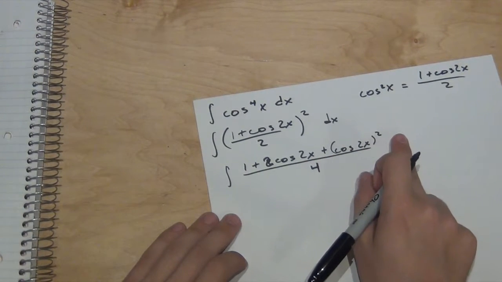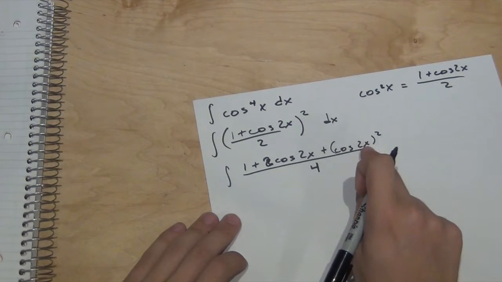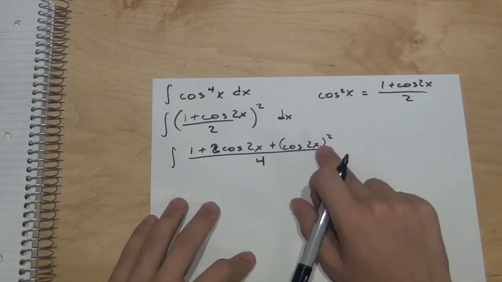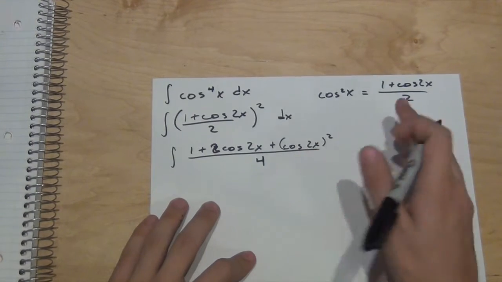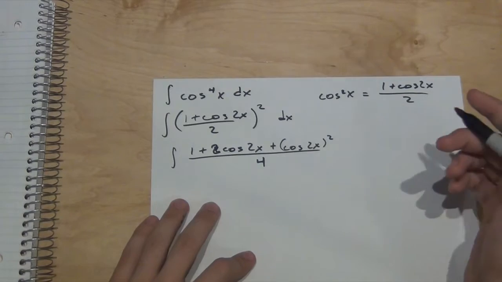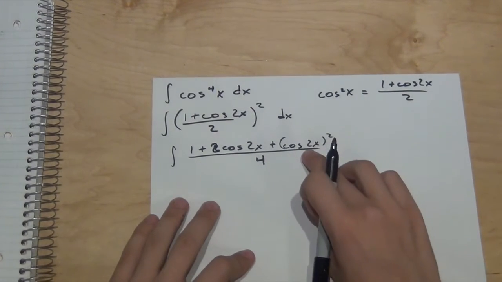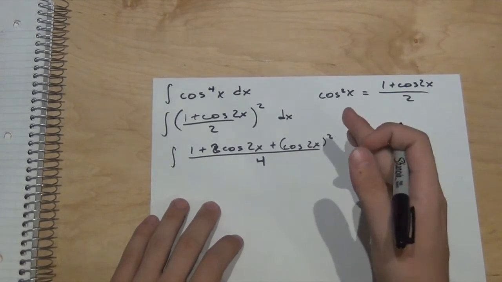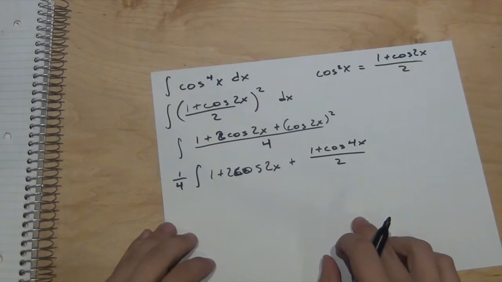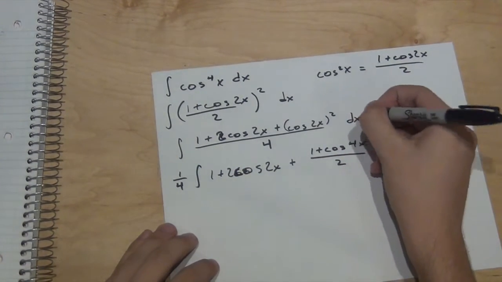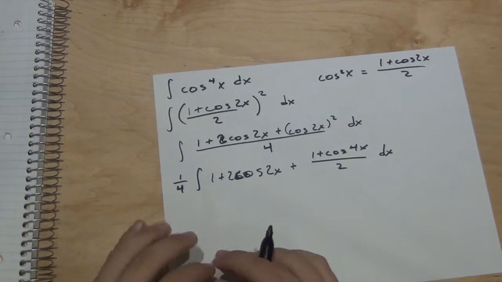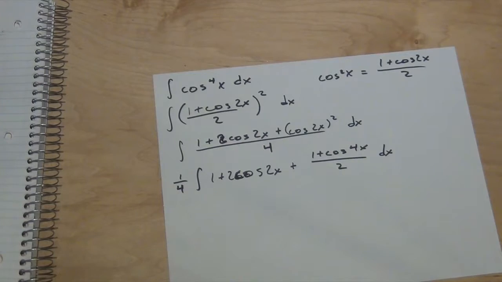And what I want to do here is reduce this power once again. So I'm going to use this formula and plug it in here, and instead of 1 plus cosine of 2x over 2, I'm going to get 1 plus cosine of 4x over 2, since the x is equal to 2x. So let me do that right now. Okay, so now that we've done that, let's not forget our dx's. Almost forgot that completely. So now that we've done that, we're set to integrate.